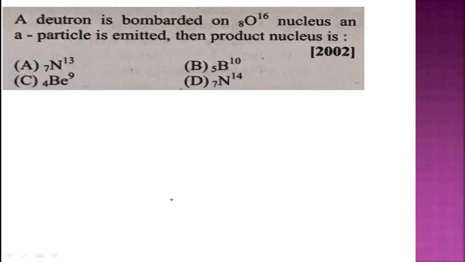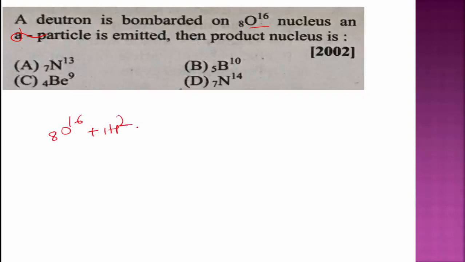And the next problem is a deuteron is bombarded on 8O16 nucleus and an alpha particle is emitted. Then the product nucleus is, here deuteron 1H2 is bombarded with 8O16.